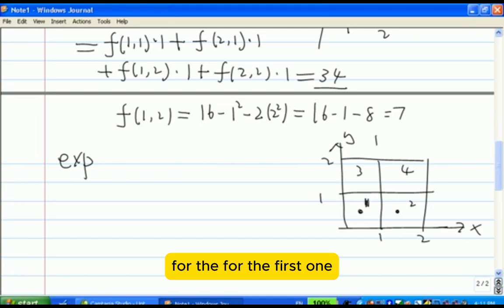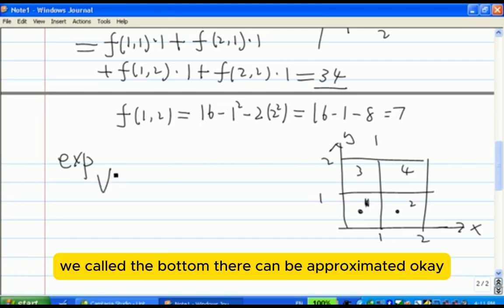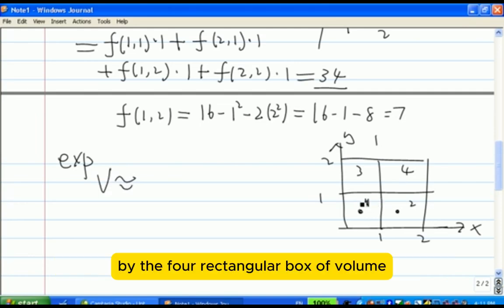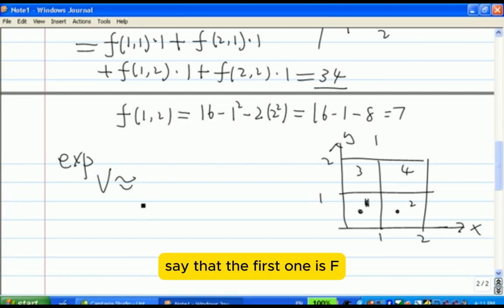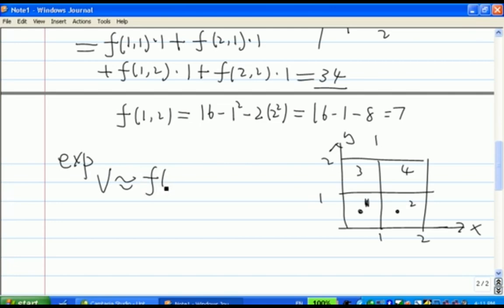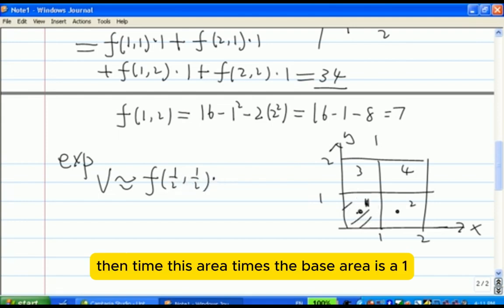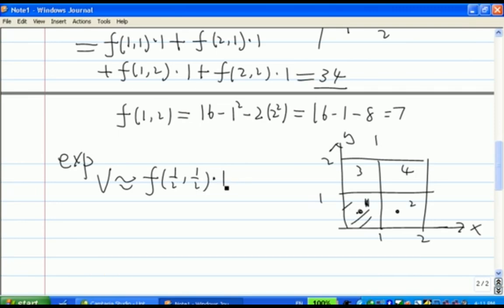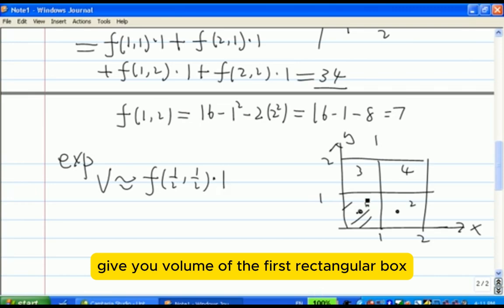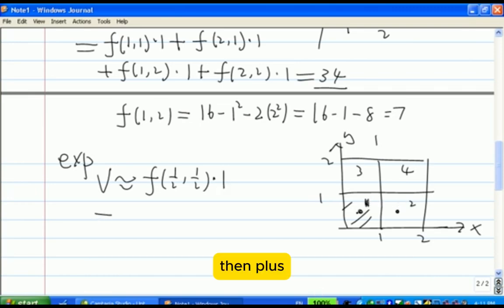For the first one, f at the middle point, where x is 1/2, y is 1/2, times the base area, which is 1. Height times base area gives you the volume of the first rectangular box. Then plus.